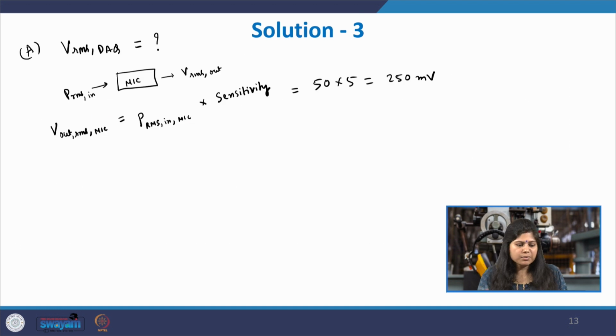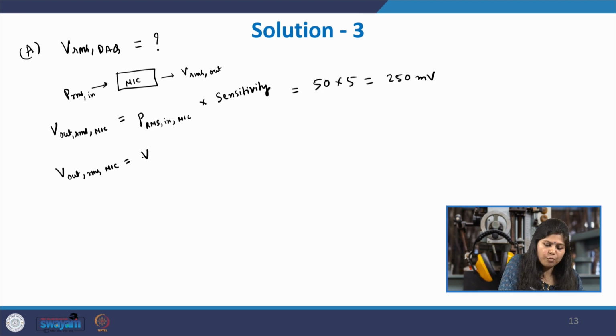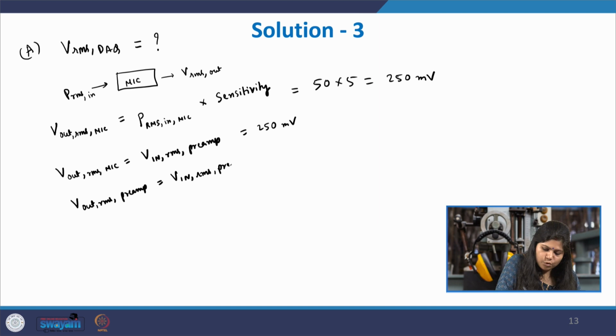So, this V output RMS which is coming out of the microphone now becomes the input RMS for the preamplifier. This is what is going inside the preamplifier. So, the output RMS from the preamplifier is that it will simply take this input going into the preamplifier and multiply those values with the gain to amplify the signal.